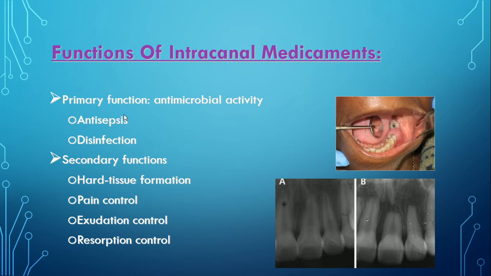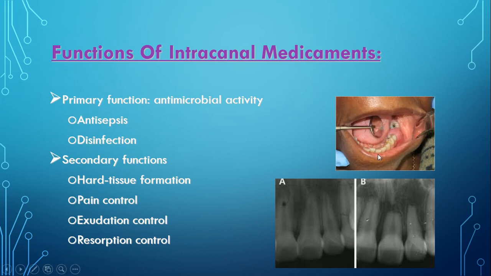Secondary functions are hard tissue formation, which means formation or regeneration of cementum or dentine in case of open apex or internal resorption, pain control, exudation or bleeding control, and resorption control.